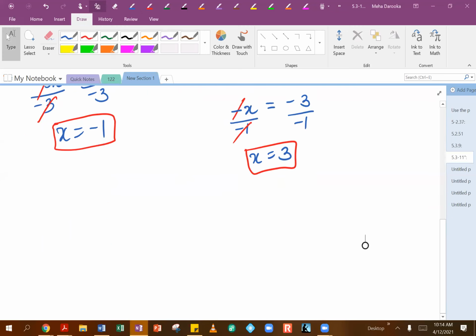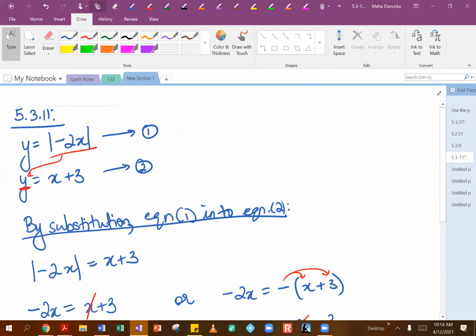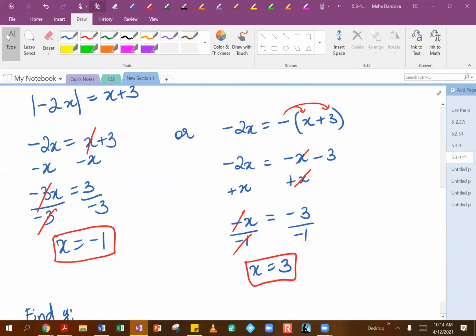So we need to go back and find the y value. So again, you can use first equation, second equation, it doesn't matter, whichever one you want to use. Let's use the second one, y equals x plus 3.